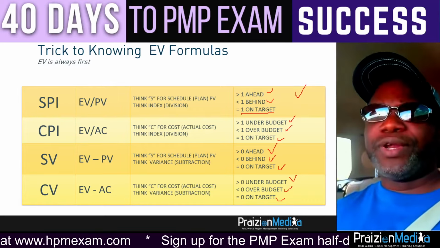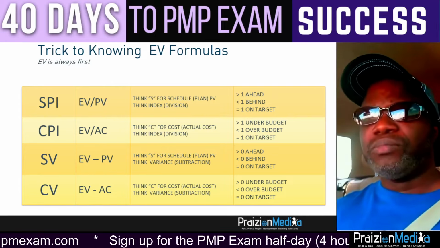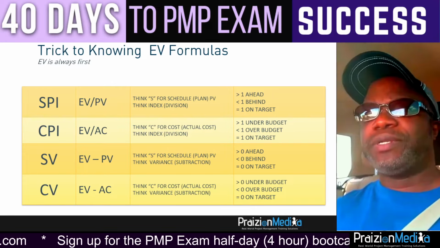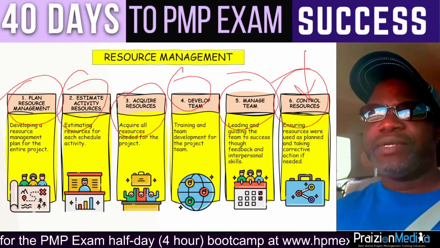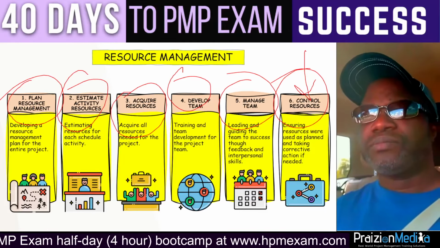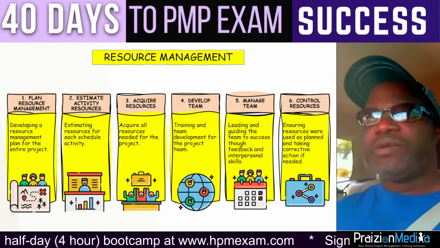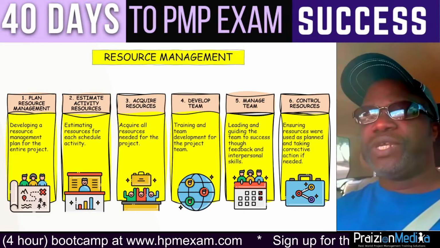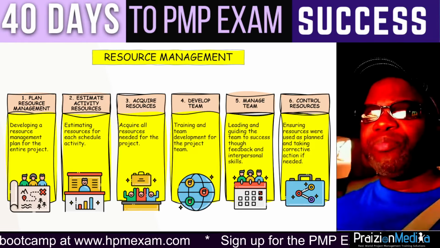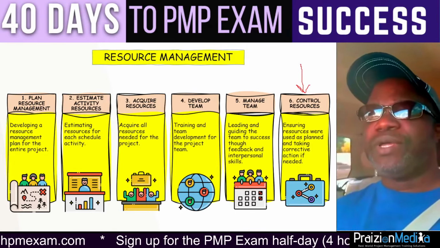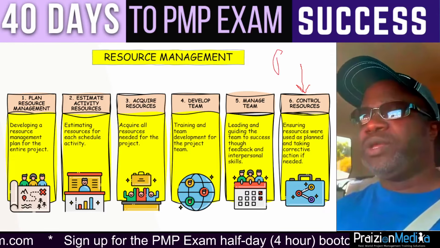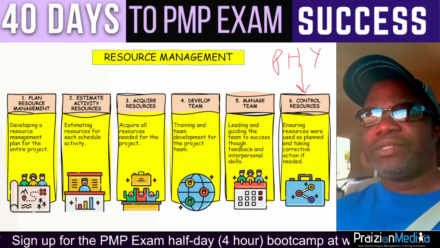Now going over to resource management. In the world of resource management, you've got to remember you're dealing with human resources, equipment, material, supplies, and facilities. If you have resources of a physical nature, we have a process called control resources, especially to make sure that those resources are being used the way we planned.